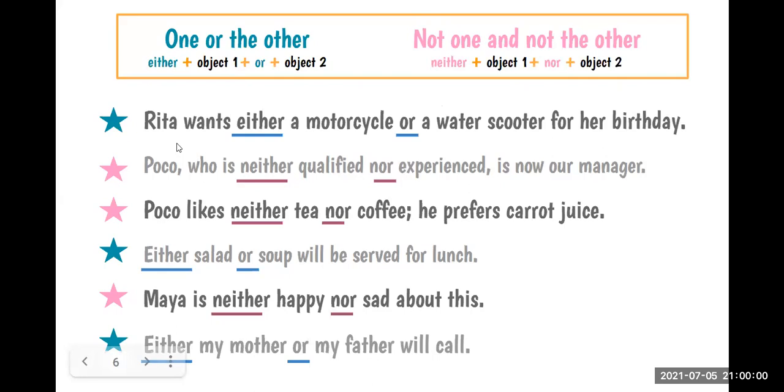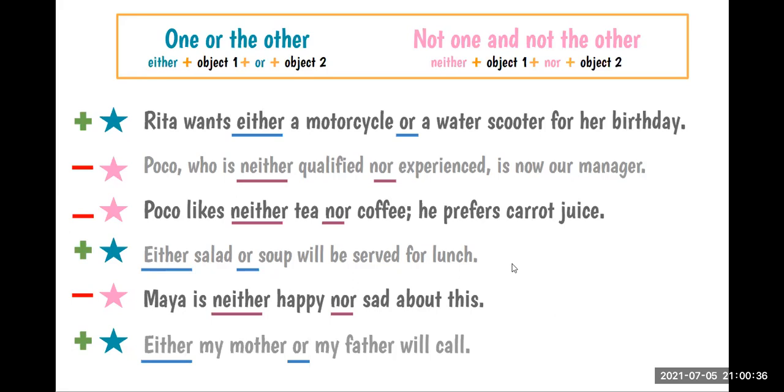We use either/or in affirmative sentences, so the meaning of the sentence is affirmative. And we use neither/nor in negative sentences. The meaning of the sentence is negative. Here we have an affirmative sentence, and a negative one. So we use either/or for one or the other, and neither/nor for not one and not the other.